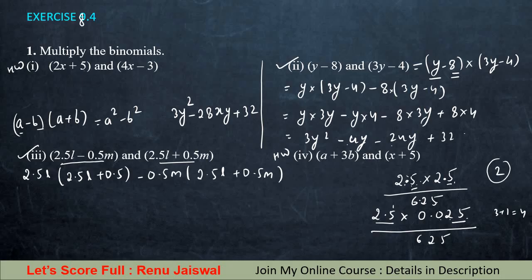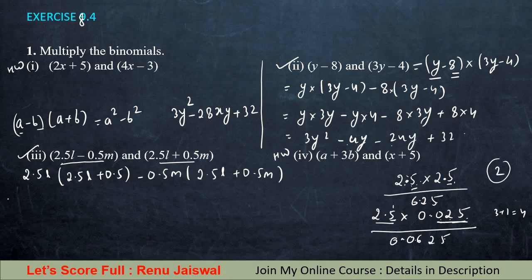In the final answer, I have to keep the decimal in such a way that after the decimal there should be 4 digits, right? Now I don't have the digits, but I need 4 digits. So simply put 0. 1, 2, 3 and then 4. That is my decimal. Remember one thing, if nothing is there before the decimal, put 0. So 0.0625. This is the method for multiplying decimals.